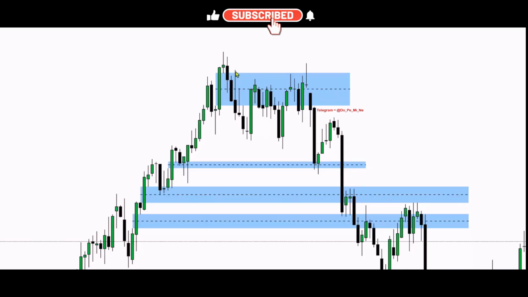There were a few wicks above it, but the wicks do the damage and the bodies tell the story. What we then see is that this BC is also relevant. Why this BC specifically is because we can see that a real significant low formed inside of that. Same can be said about this BC here.